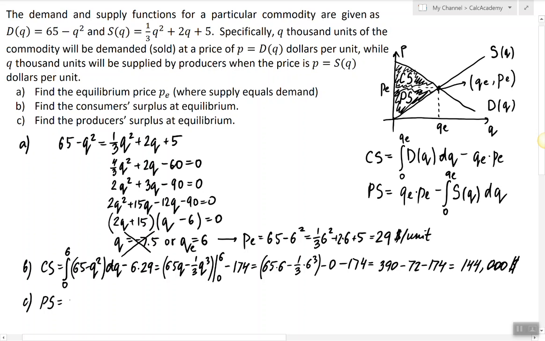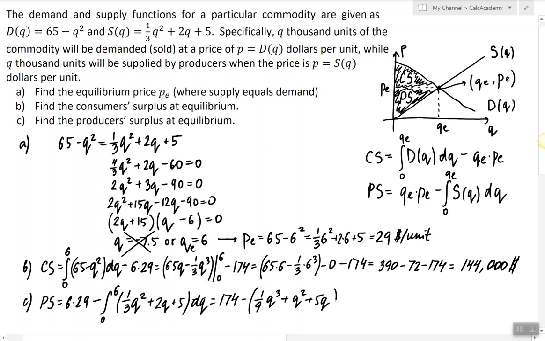Same thing we repeat for producer's surplus. We set up the following integral: 6 times 29 minus the integral from 0 to 6. But this time we integrate the supply function, and we get 174 minus the antiderivative, which is 1/9 q cubed plus q squared plus 5q, evaluated from 0 to 6.